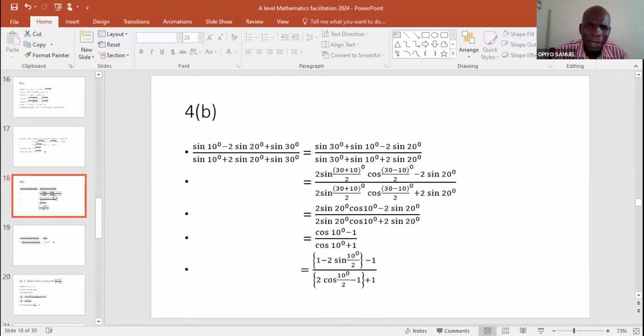Okay, let's revise the work. I think it should be negative. Maybe you will make that correction. It should be negative because, I hope you are seeing where my cursor is, look at this part here.